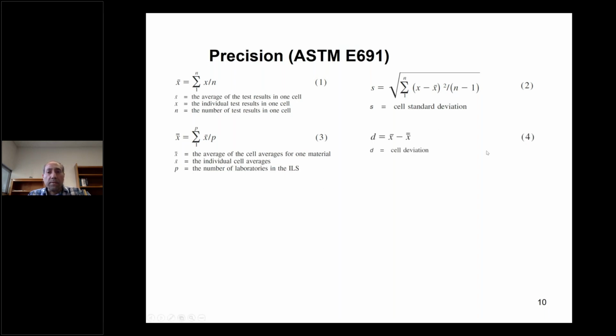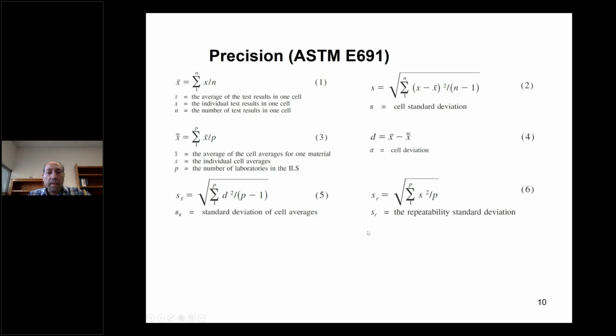Then using equation 4, we can calculate cell deviation by subtracting the average test results in one cell by the average of cell averages for one material. And then we use equation 5 to calculate a standard deviation of cell averages.